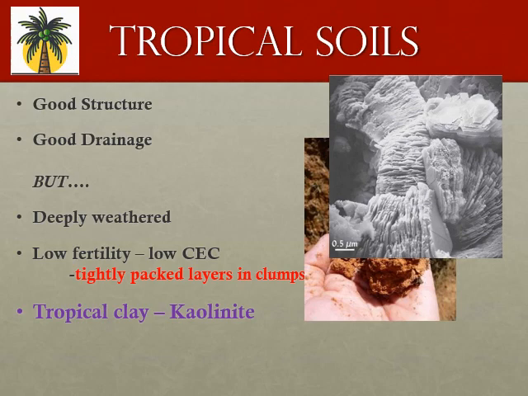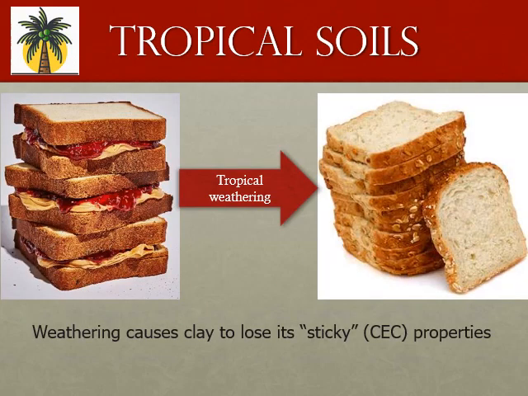That type of soil is called kaolinite clay. My best analogy would be like a stack of peanut butter and jam sandwiches. So clay that's not too old has got lots of good sticky layers between the clay structure that can exchange lots of nutrients and hold on to them.